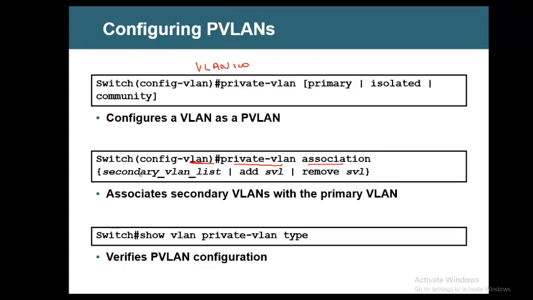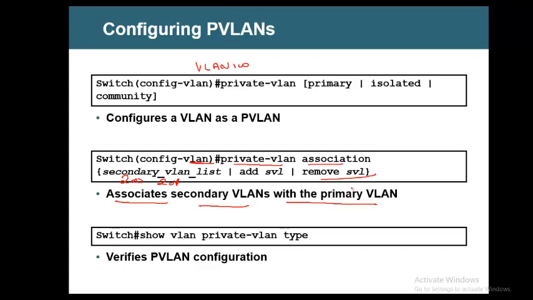You're already inside 100, you're going to associate 200 and 201. See, associating the secondary VLANs with the primary VLAN. If you have mistakenly added some VLANs as secondary, you can use the command remove.